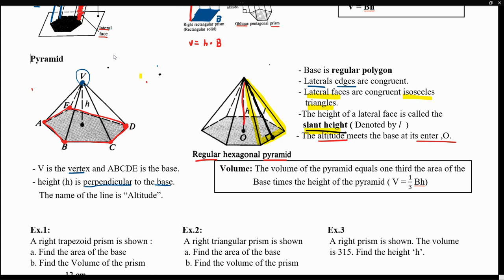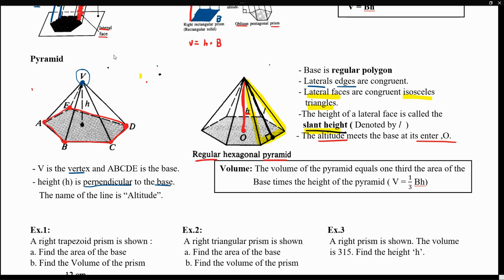So in this case, the height of the pyramid is actually h. L is just for the height of the side of the pyramid, and h is the actual height of the pyramid. We're going to refer to that as just the altitude. And notice that the altitude always meets the base at the center, which is O. So if we're talking about a regular pyramid, this altitude is always going to meet at the middle, or at the center, O.